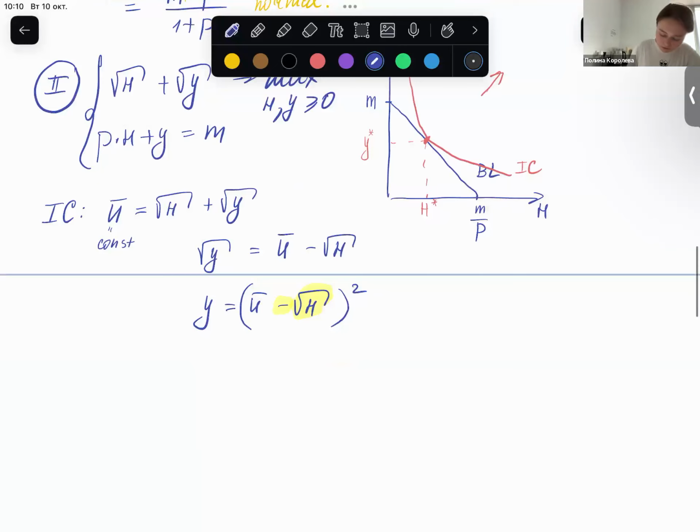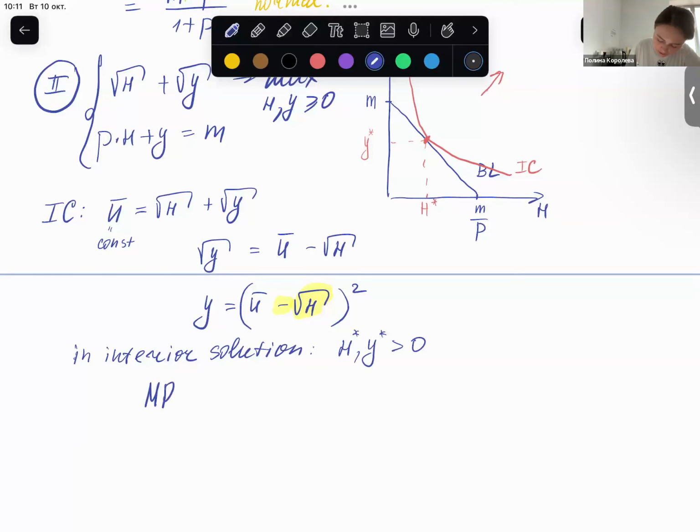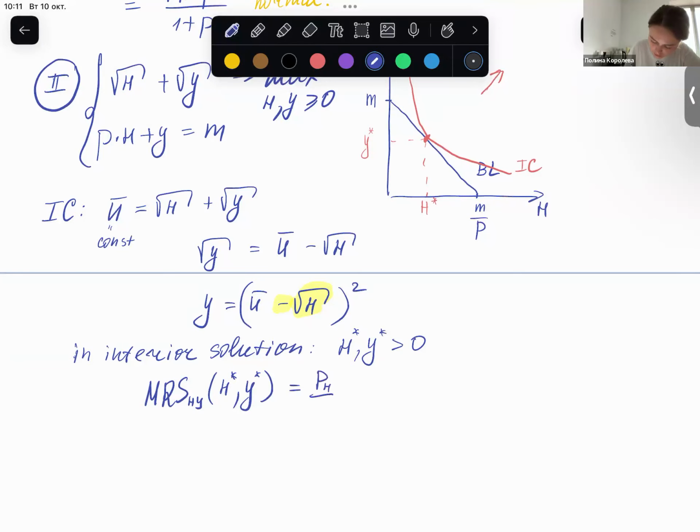Yes, so in interior solution, what does interior solution mean? When we consume positive amounts of both goods. The marginal rate of substitution of heating by the composite good in this optimal point should be equal to the price ratio, PH over PY.